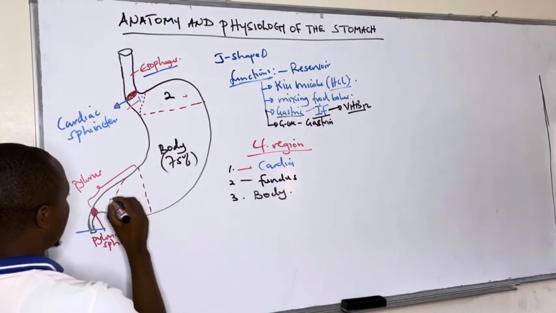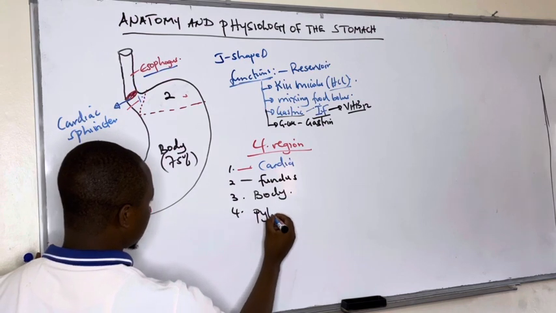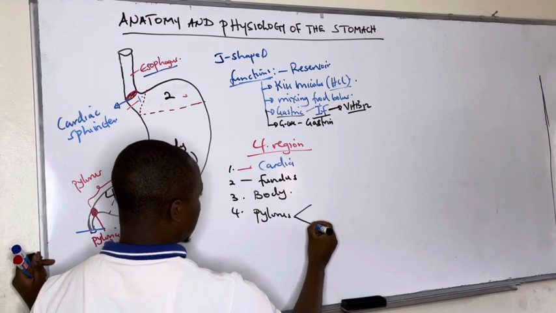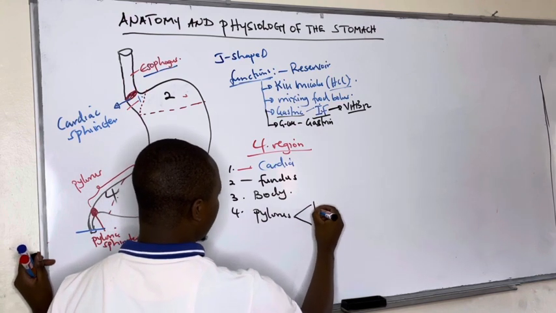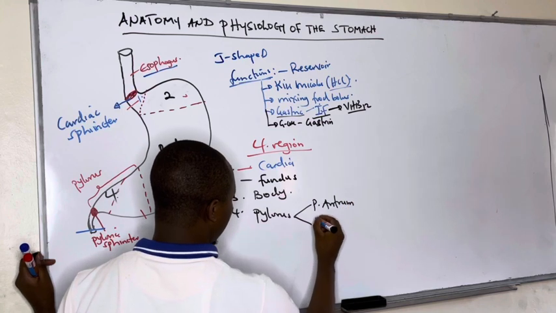Then the fourth is the pylorus. This pylorus region is divided into 2: the pylorus antrum and the pylorus canal.